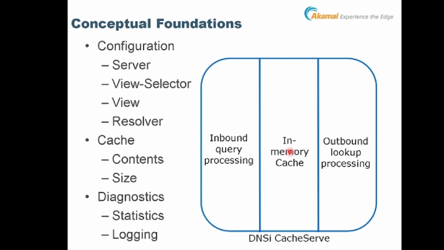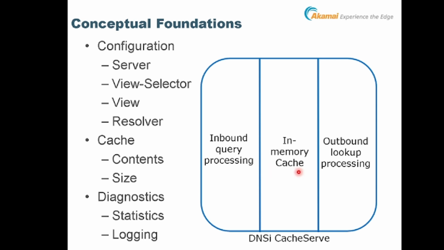So this picture is very useful to keep in mind as we go through the different labs and look at what the view selectors, the views, and the resolvers are doing, how the server overall is using resources, and how to interpret statistics in terms of information about the cache, not only its size, which in general will be maximized very quickly.